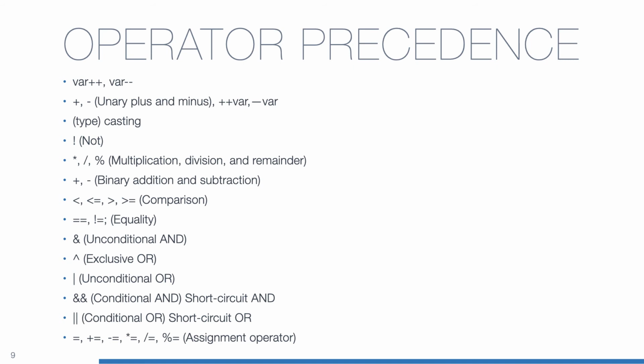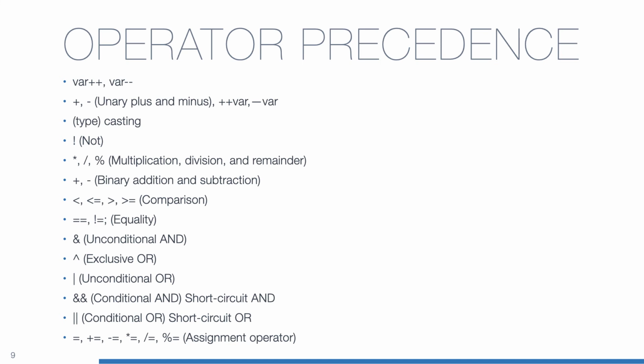We've seen plus and minus. That's unary, so it's like making a number negative or a variable negative. We've seen that in previous chapters. We've seen multiplication, division, and remainder. We introduced the not operator, which has a higher precedence than those. We have binary addition and subtraction, which we introduced early on.